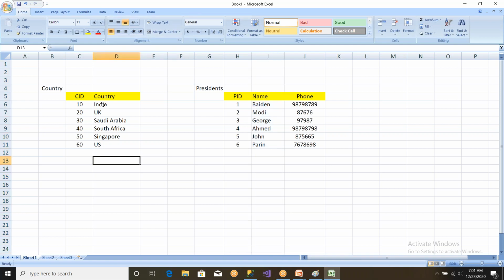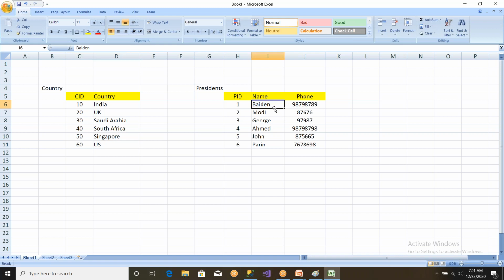Now you have the countries, you have the data, everything is very good. There is no issue. Now can you tell me who's the prime minister or who's the president for South Africa by using this table? Or do you know who's the president of Saudi Arabia by using this table? Can you guess it? Until and unless you follow the news, you don't know that the India president is Modi and the recent president for America is Biden.